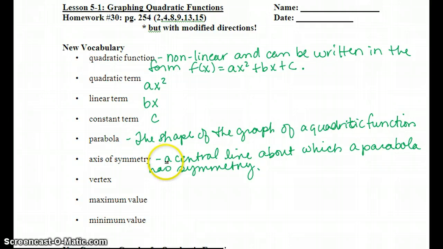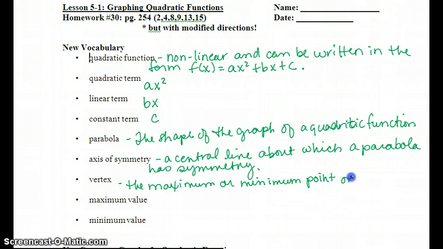Vertex is the maximum or minimum point on a parabola, and it's written like any point, like x, y.